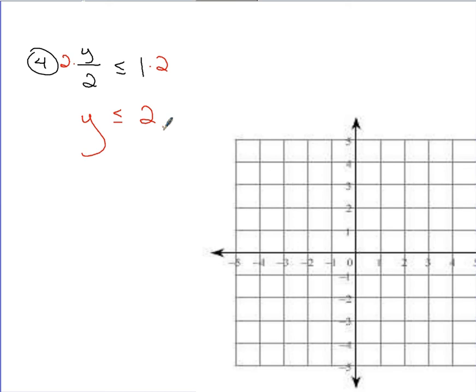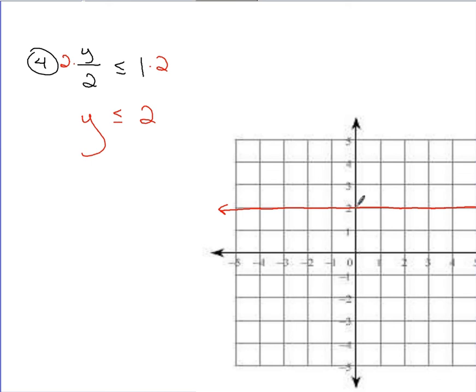It's horizontal, right? This is a special line. So a horizontal line passing through the y-axis at 2, and this one would be solid. Solid because of the equals to aspect.